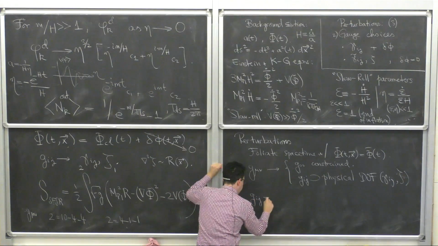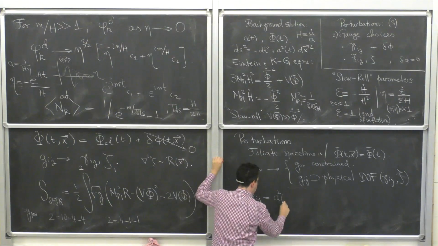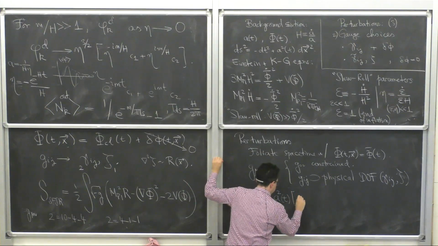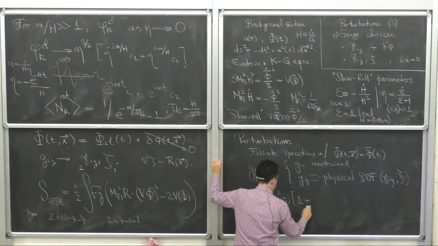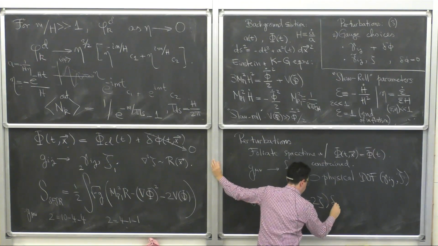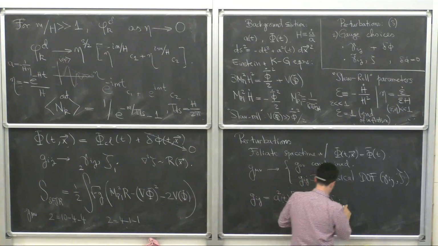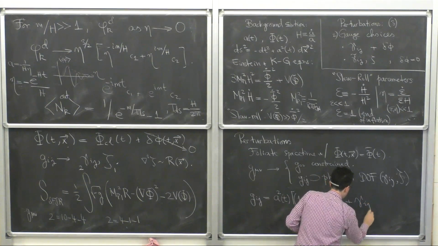So you write something like this. The spatial metric is given by the background solution, of course, there will be a squared of t, there will be some breathing mode, some local modulation of the scale factor, plus some shear.